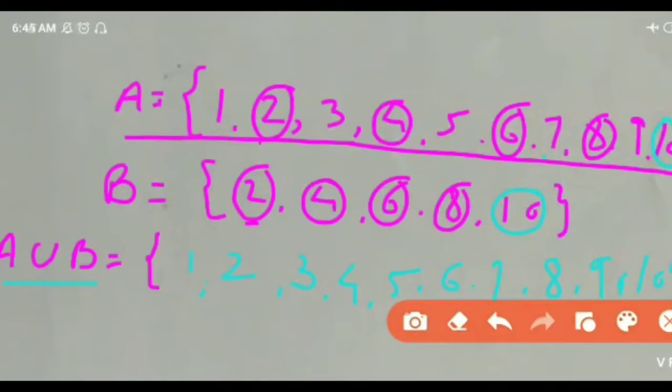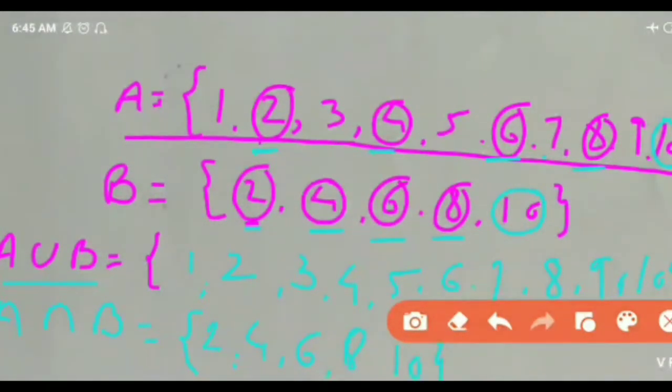If you want to find the A intersection B set, then we have to write only the numbers which are present in both the sets. So which numbers are present in both sets? That we already circled: 2, next 4, then 6, 8, and lastly 10.